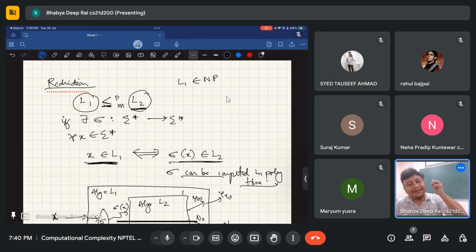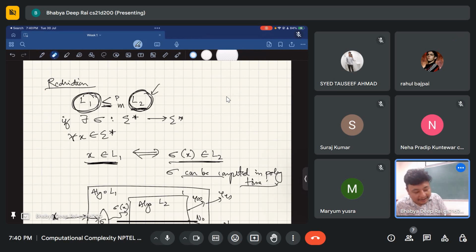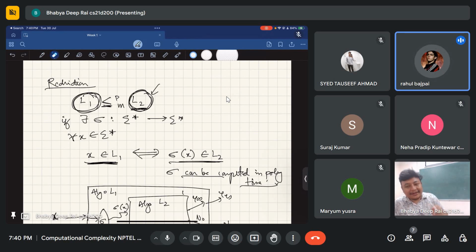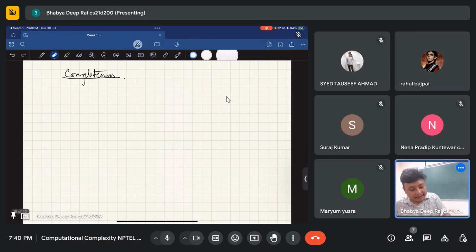Can I come up with a language which is the hardest language in NP? Every problem in that class, say NP, or whatever class XYZ, must be reducible to that problem. Right, that's what I'm coming to.